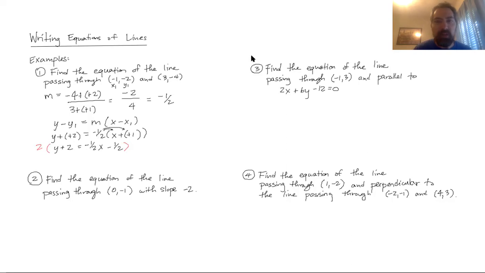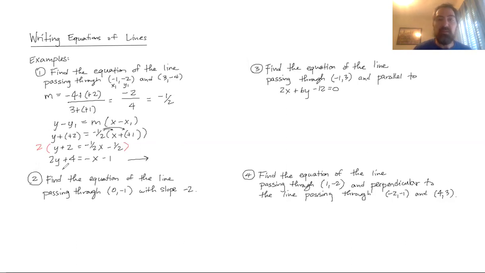By multiplying by the denominator, I get rid of the fractions. So 2 times y is 2y, 2 times 2 is 4, 2 times negative 1/2 x is negative x, 2 times negative 1/2 is negative 1.